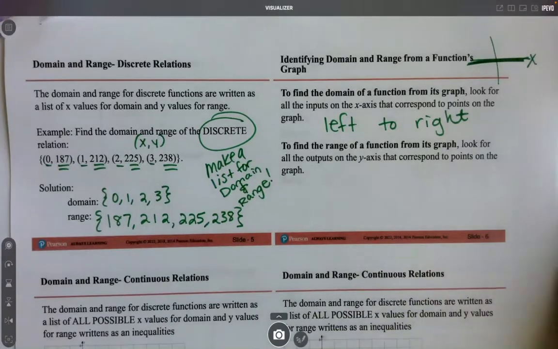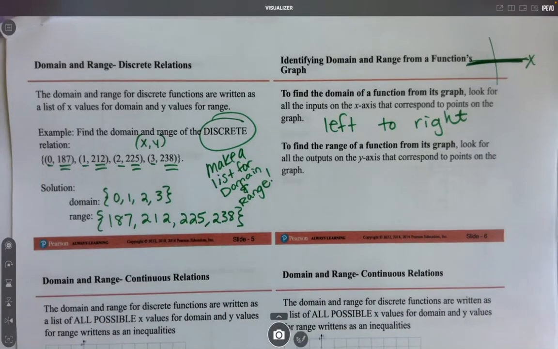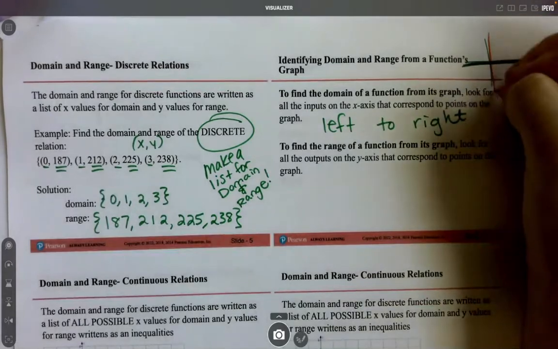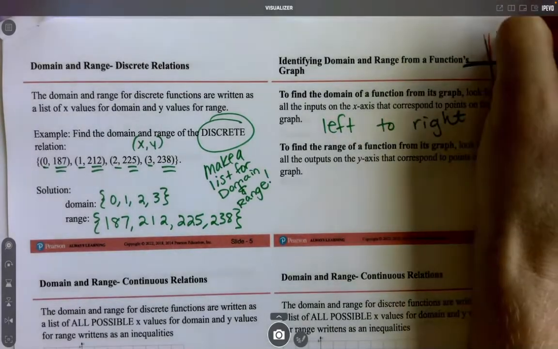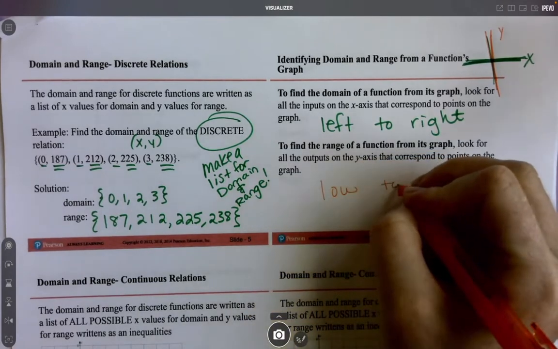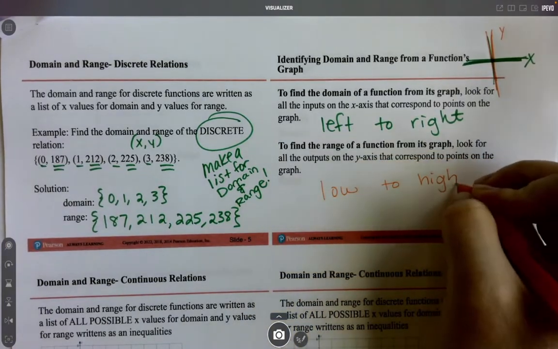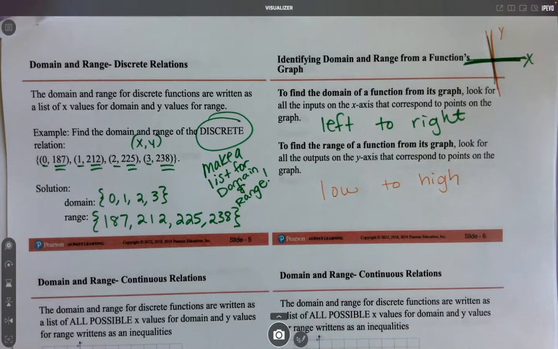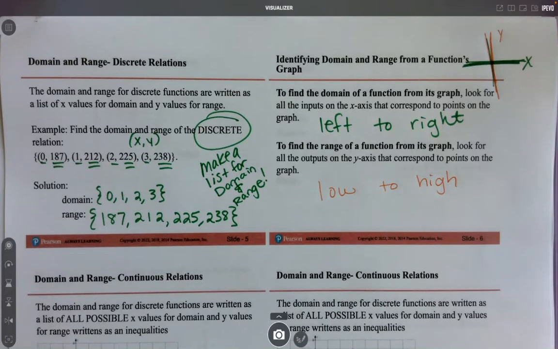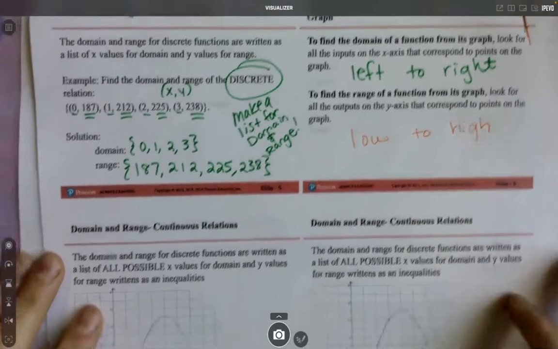And then your range is your y values. That's your y-axis, so it's going to be low to high. Just like with discrete, we list in order from least to greatest. With continuous, we do the same thing, least to greatest, and we will write it as an inequality.